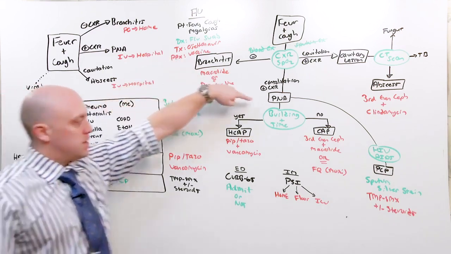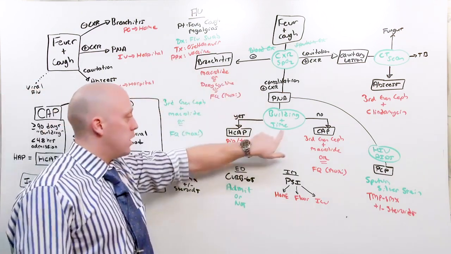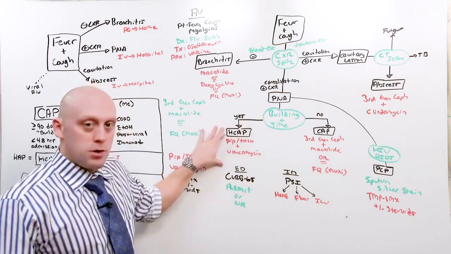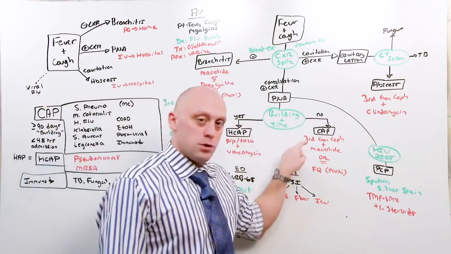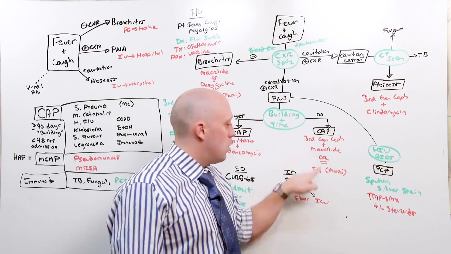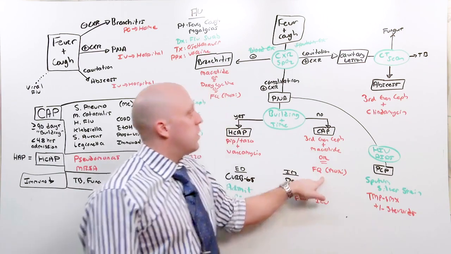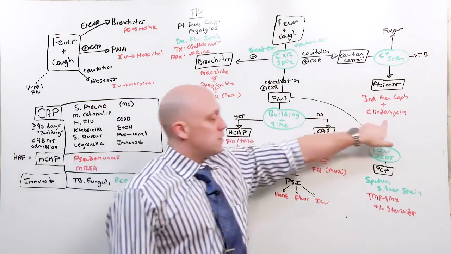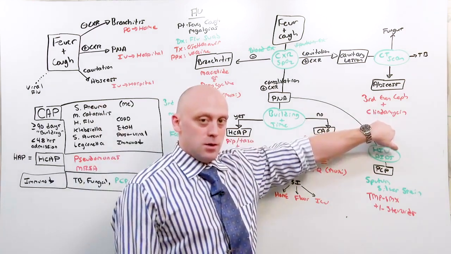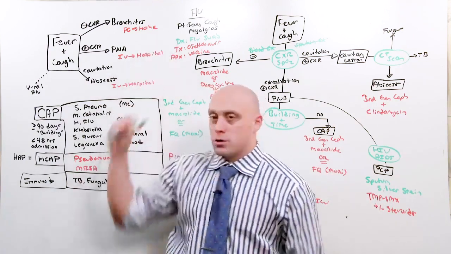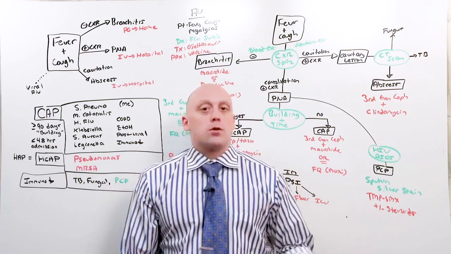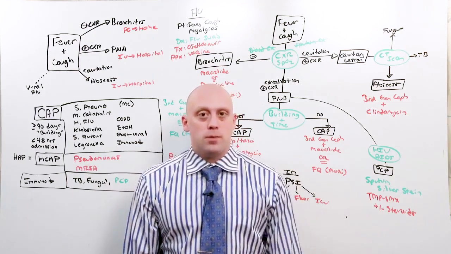If it is bad, it's a pneumonia, you then have to decide, do I need better coverage and anti-pseudomonal and anti-MRSA? And if not, then you can choose ceftriaxone plus azithromycin or moxifloxacin. And if they have an abscess, you need clindamycin instead. Be careful of PCP and flu, which don't fit this mold, but could be thrown at you on a test question. That's pneumonia.